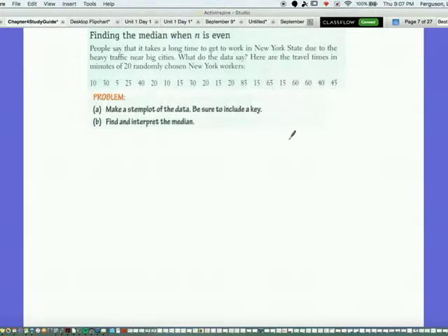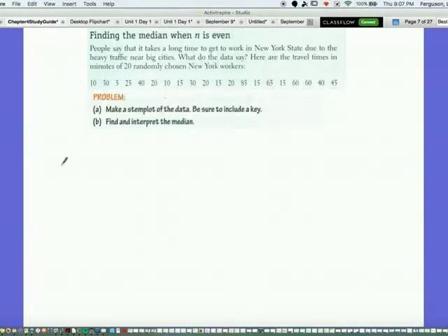So the first thing we are going to do is make a stem plot for part A. It says people say that it takes a long time to get to work in New York State due to the heavy travel or traffic near big cities. What do the data say? Here are the travel times in minutes of 20 randomly chosen New York workers.